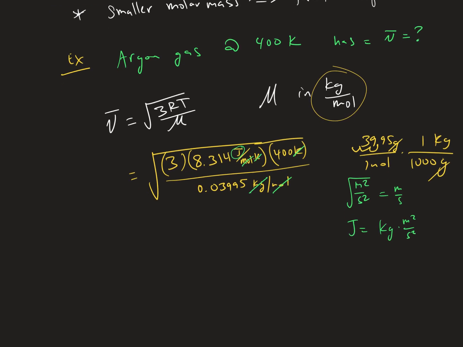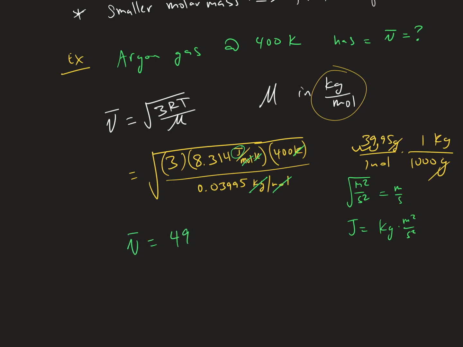All right, we do that and we get our root mean squared is 499 meters per second. So on average, argon gas at 400 Kelvin is going 499 meters per second. That means some are going faster, some are going slower, but on average, that's what it is.